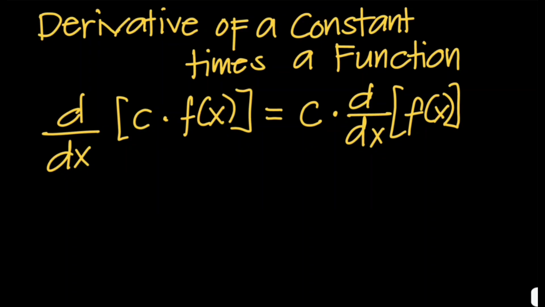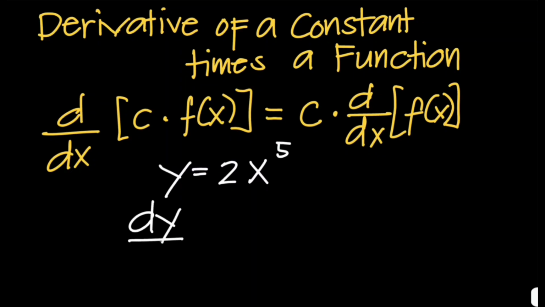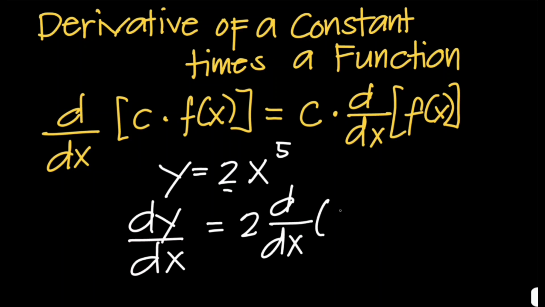So let's say we're given this function y equals 2x to the 5th. Then we solve for the derivative of y with respect to x. So this is just equal to 2, the constant, times the derivative of x to the 5th with respect to x.